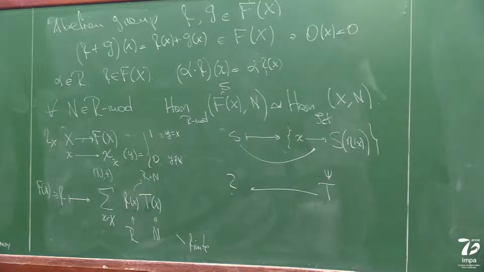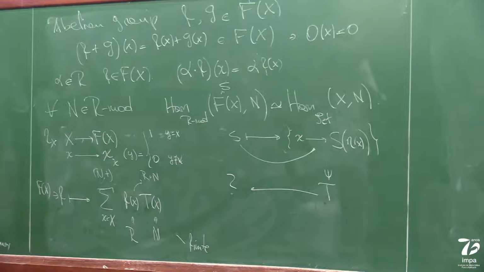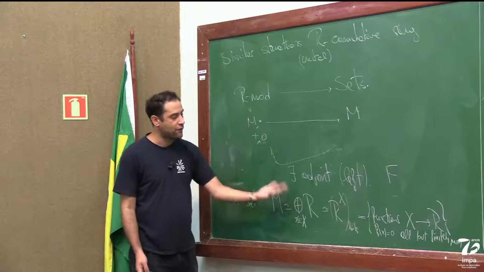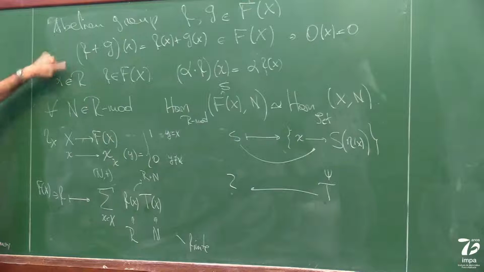For Lie algebras, it's slightly trickier because a Lie algebra satisfies some axioms. You need to check that you satisfy Jacobi and the skew-symmetry condition. Here, our modules do satisfy some identities, and we needed to check that this R-module F(X) that we constructed has an addition and an action.